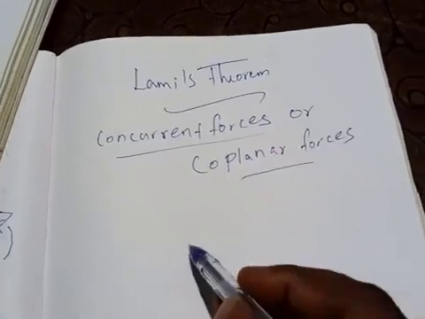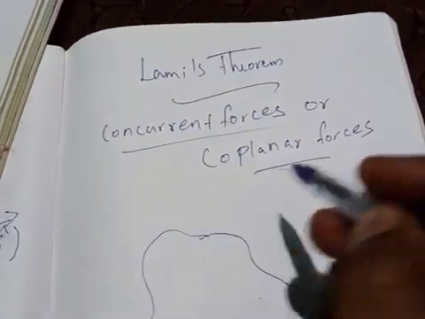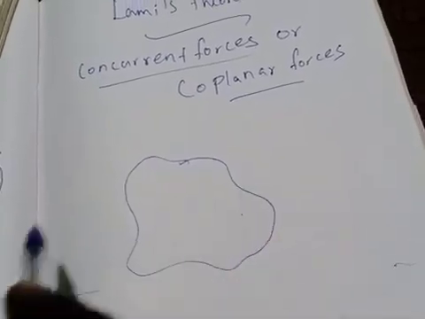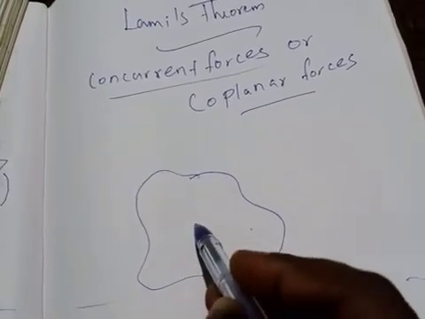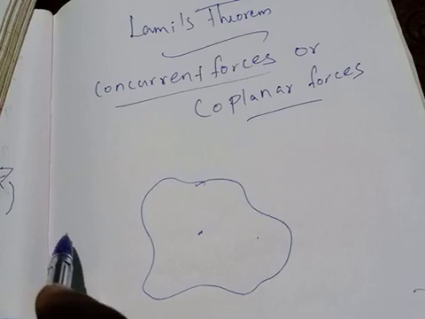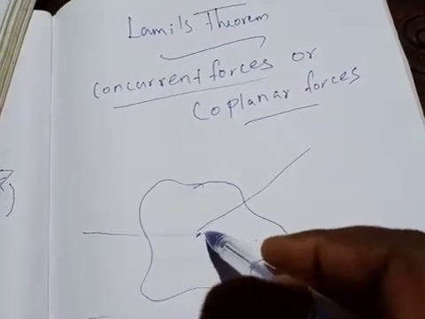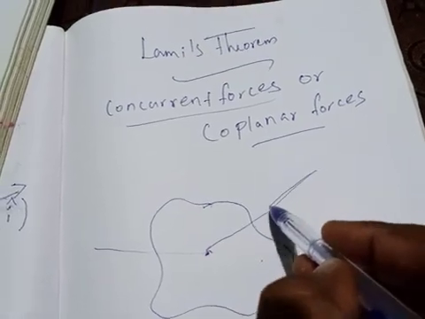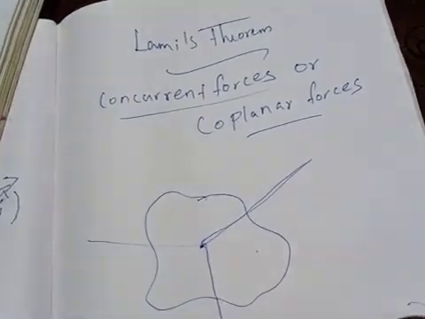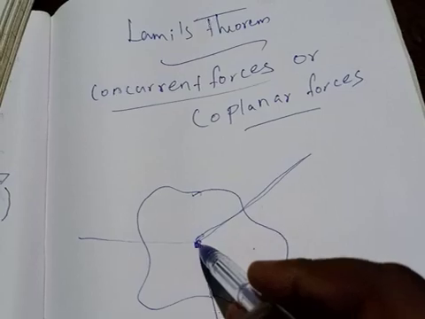Assume that this is a plane, one surface, and on this surface this is a center. So on this surface some different forces are acting from different directions, and all these forces are joining at a point.